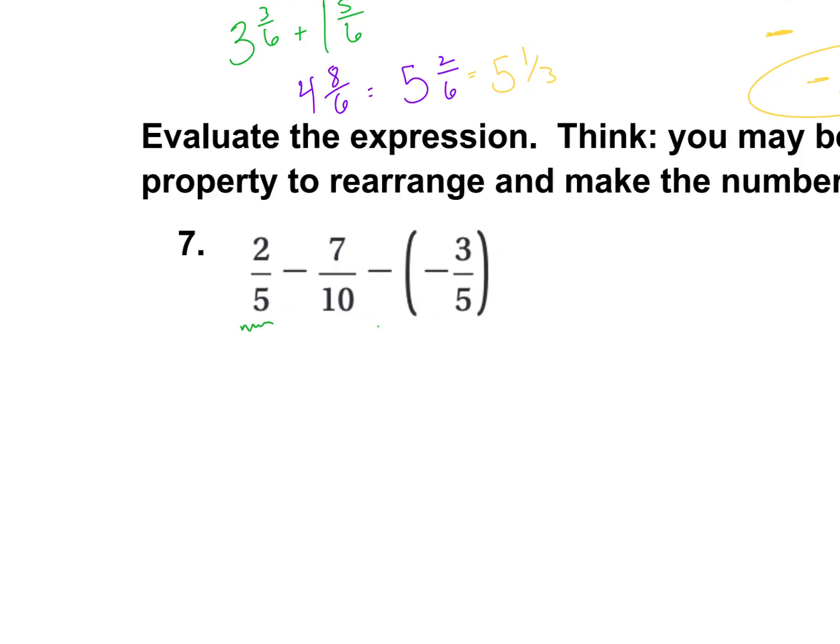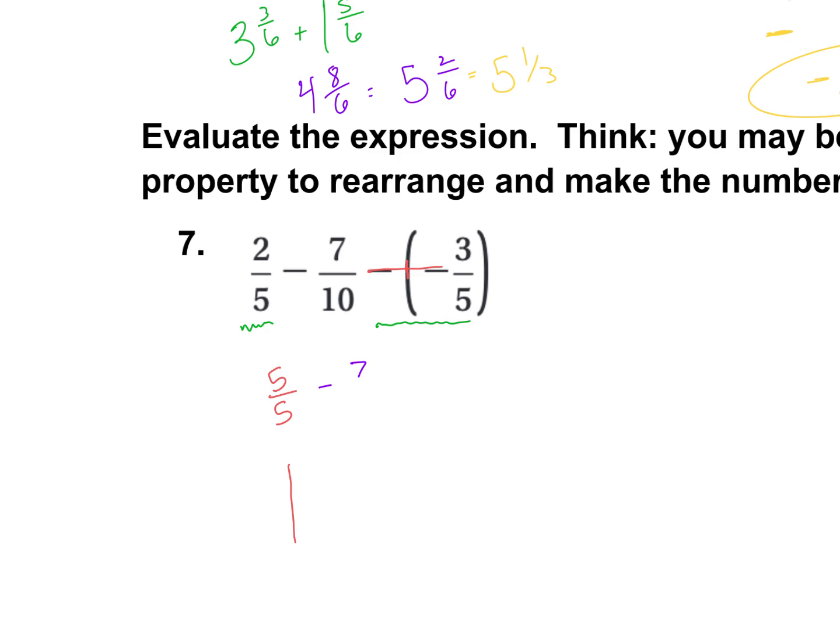For example, 2/5 and this guy right here are common denominators, so I could go ahead and combine them if I really wanted to. 2/5 plus 3/5 is 5/5, which is, guess what? 1 whole.